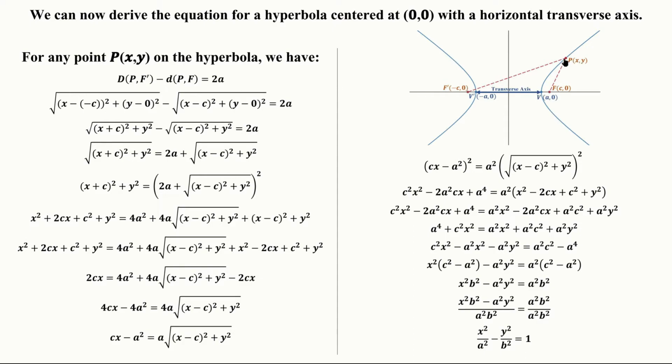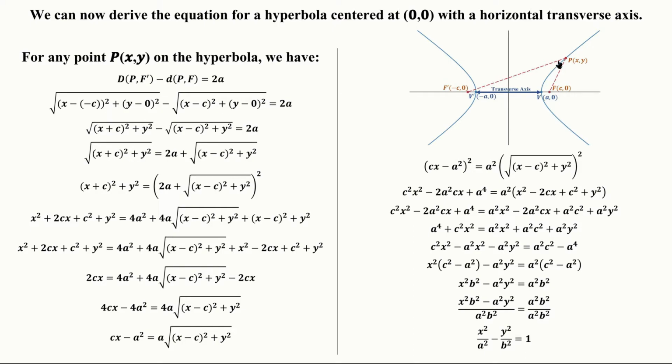So the distance between P and F prime minus the distance from P to F, which is the closer focus here, should equal the constant we came up with, which was 2a. Now, that's basically 2 times the distance from the center to either vertex, right?